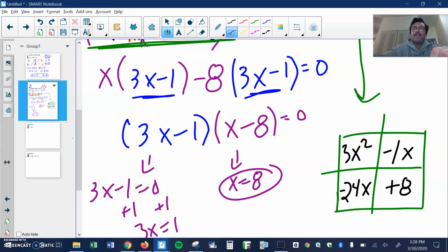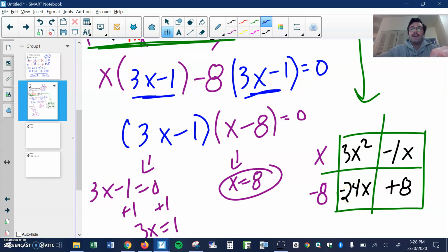I want to think about the greatest common factor across my first row, which is x. The greatest common factor in my second row is negative 8. Again, I take out a negative 8 because this first term here is negative.